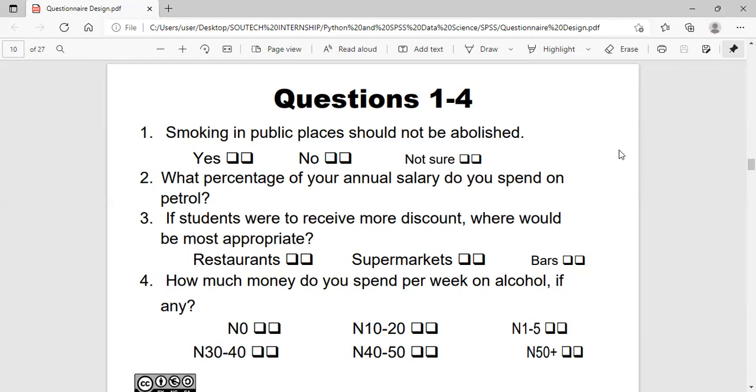Next, we have, what percentage of your annual salary do you spend on petrol?